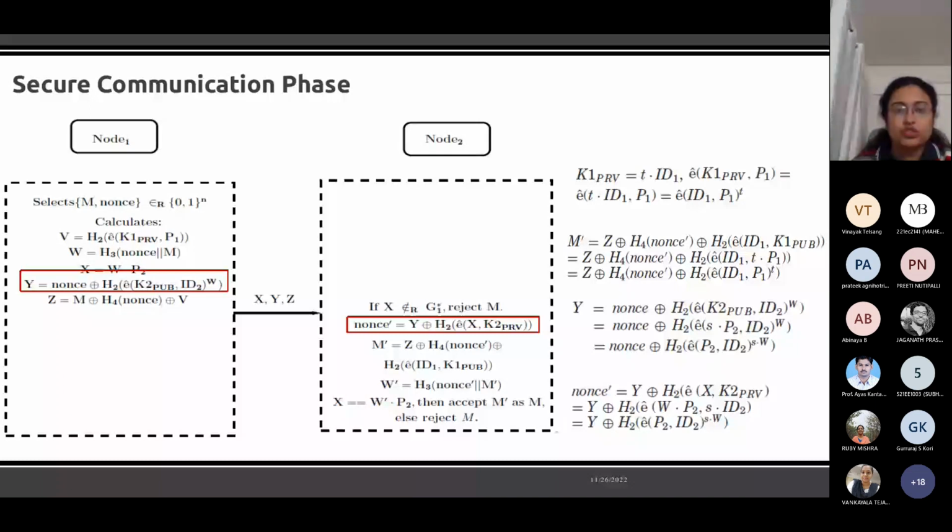So we have to use two keys. At the time of encryption, we use the public key of the receiver and the private key of the sender. And at the receiving end, we use the private key of the receiver and the public key of the sender. Why so?